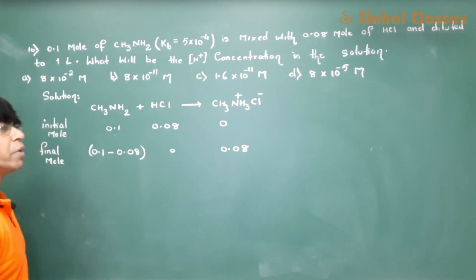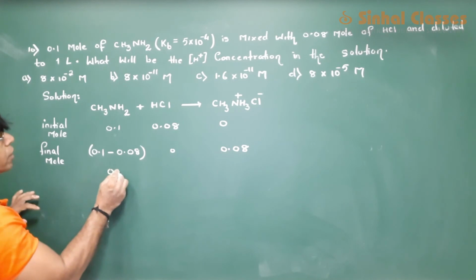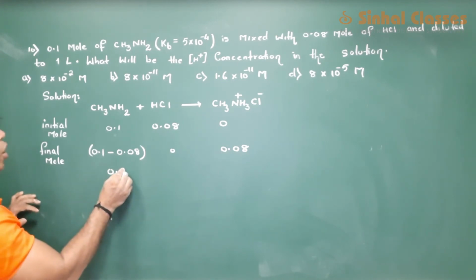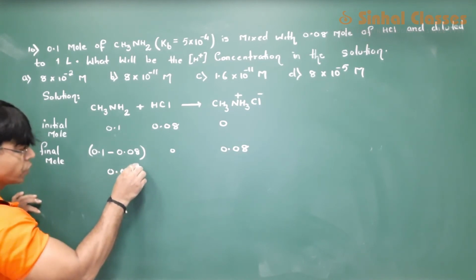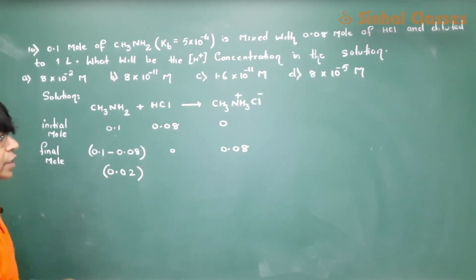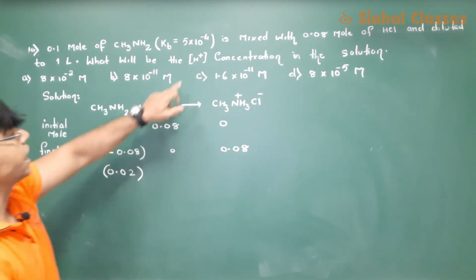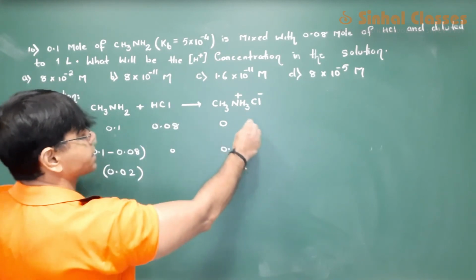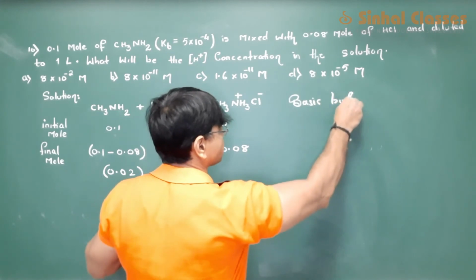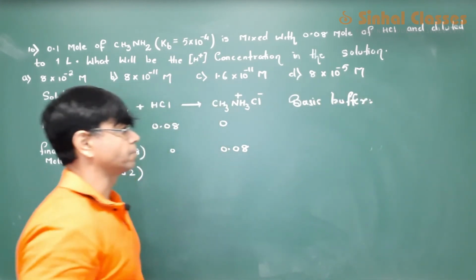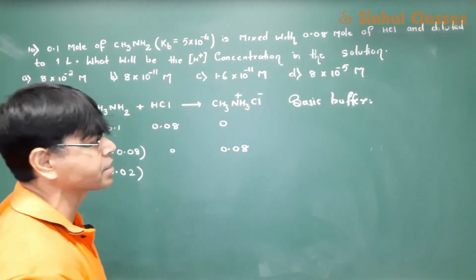So the left out mole for the base will be 0.02. Now we wanted H plus. Now this is a basic buffer. A weak base and its salt with a strong acid is a basic buffer.